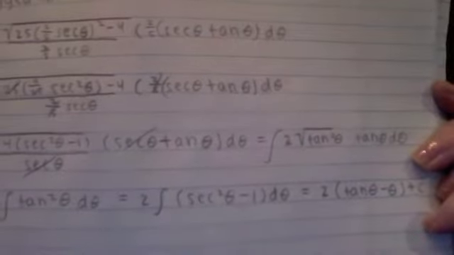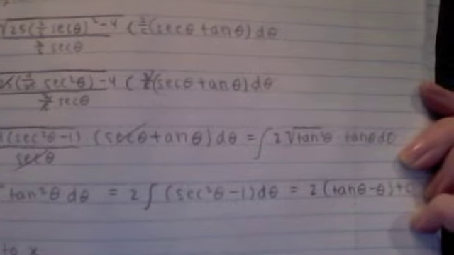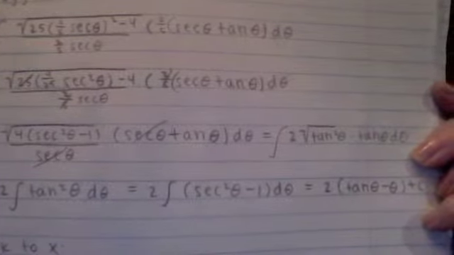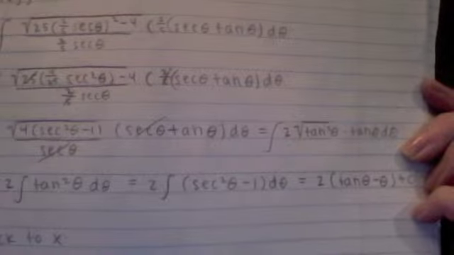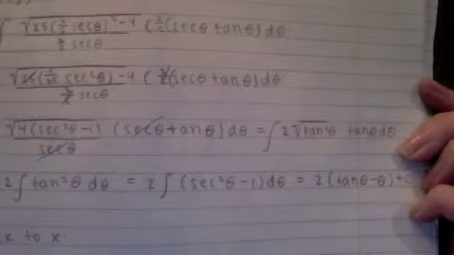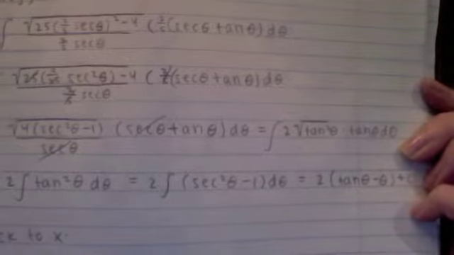And we've also substituted tan squared theta for secant squared theta minus 1. And we moved the 4 from inside the radical to outside the radical, and now it's a 2. And so we can move on to the integral of 2 times the square root of tan squared theta times tan squared theta d theta.